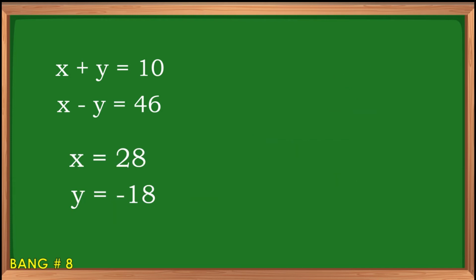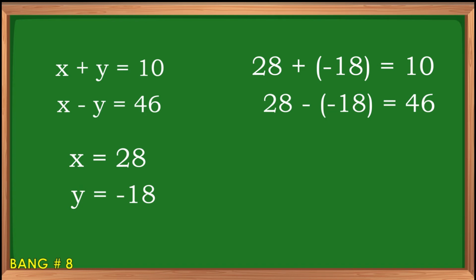Therefore, 28 and negative 18 are the two numbers. To check if our answer is correct, the sum of 28 and negative 18 is equal to 10, and the difference of 28 and negative 18 is equal to 46.